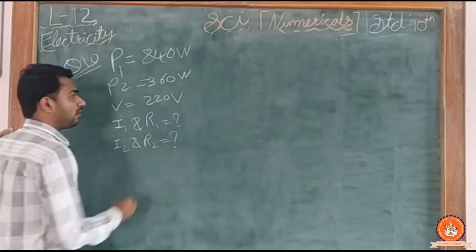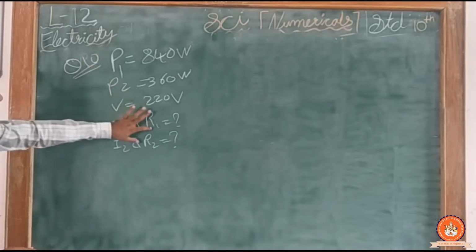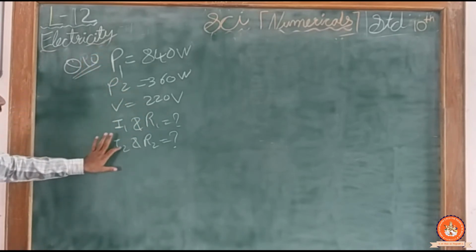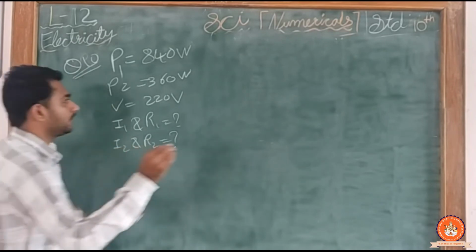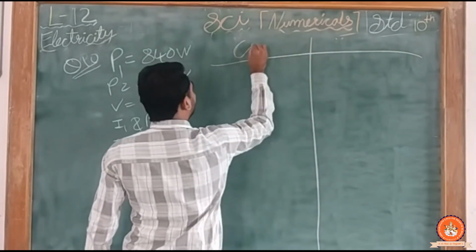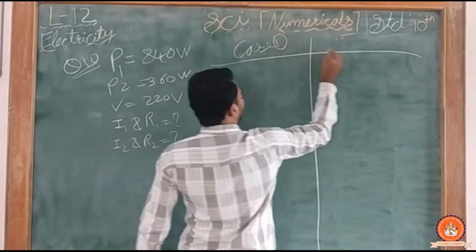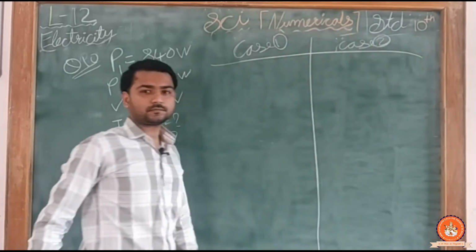We have to find. Clear? For P1 I will find I1 and R1, and for P2 I will find I2 and R2. For both the case my voltage is same. So let's start. This is my case 1 and this is my case number 2. Clear?